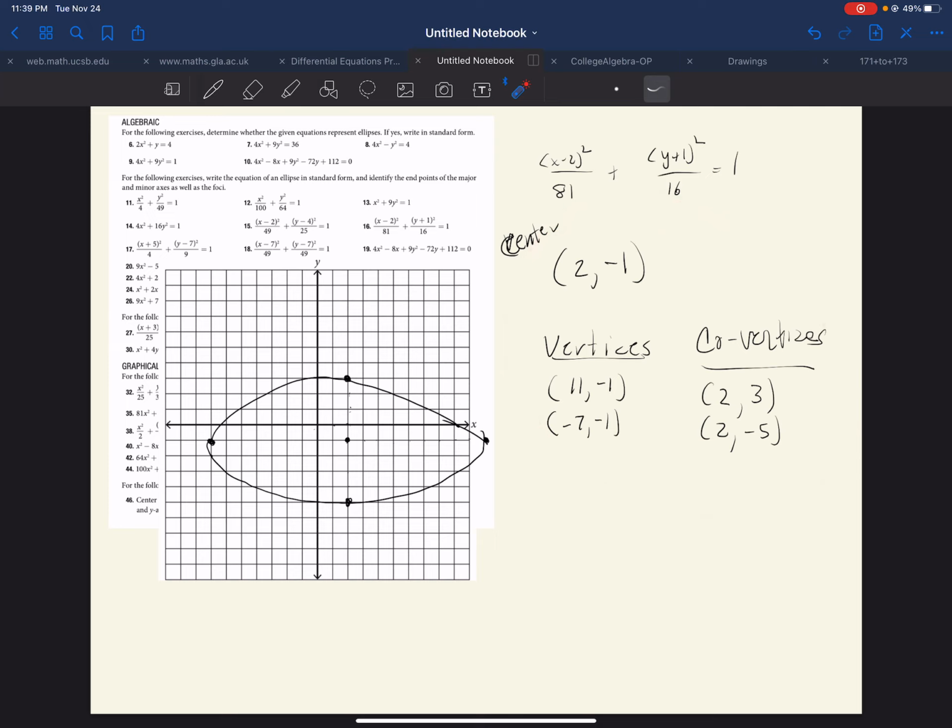The only thing that I don't have is now I need c squared. And so I know c squared is a squared minus b squared. And here's the thing too, I'll tell you guys this. Since a is always the bigger number, you just always take whatever's bigger minus whatever's smaller.